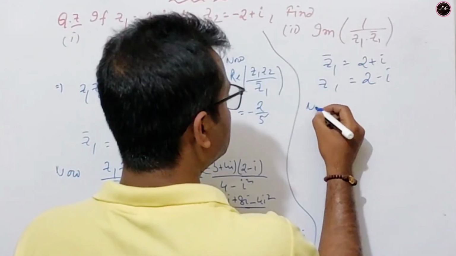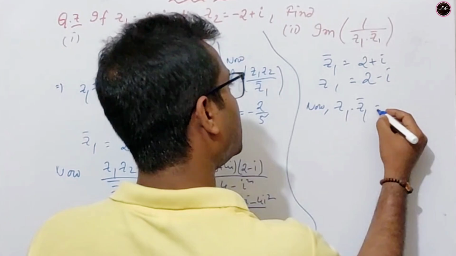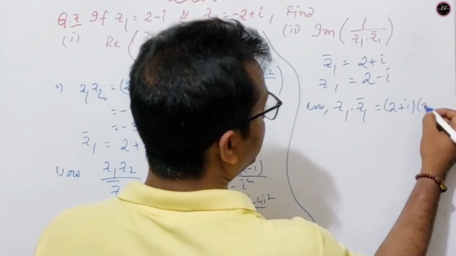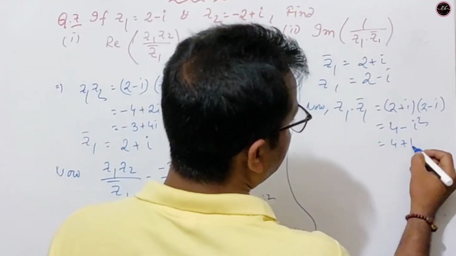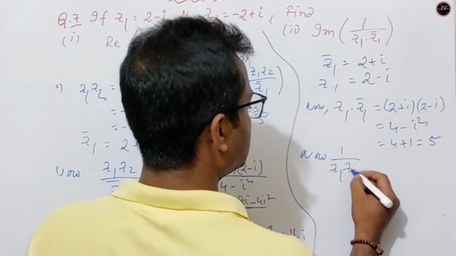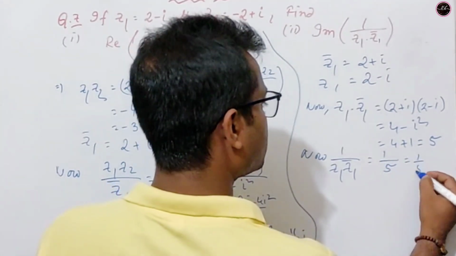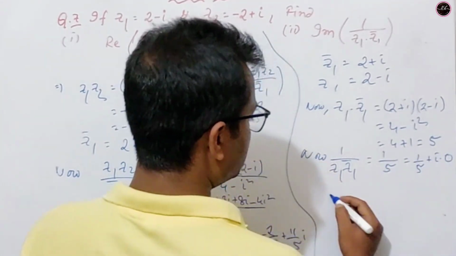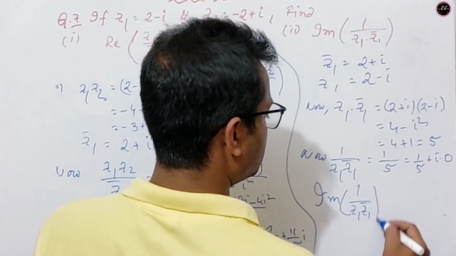Now Z1 dot Z1 bar equal to 2 plus i into 2 minus i. Therefore we have 4 minus i square, that means 4 plus 1 equal to 5. Now 1 by Z1 bar equal to 1 by 5. This can be written as 1 by 5 plus i dot 0. So imaginary part of 1 by Z1 bar equal to 0.